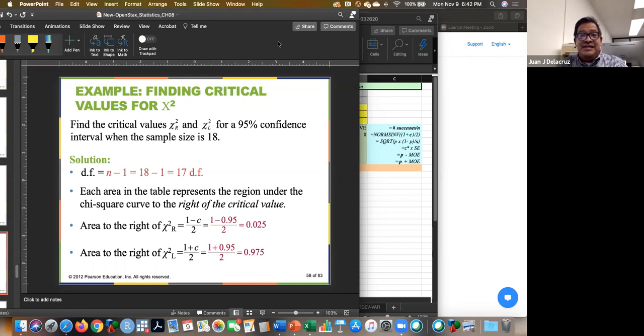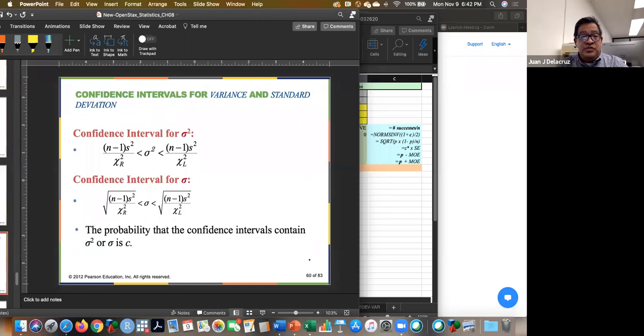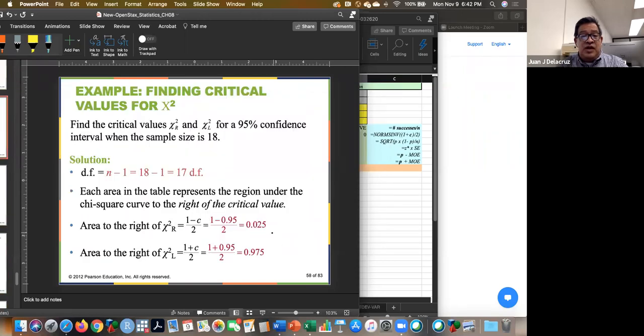That's what I don't like too much, because now, where do we have these values? We have two different values. The chi-square right is going to be 1 minus the confidence level divided by 2.